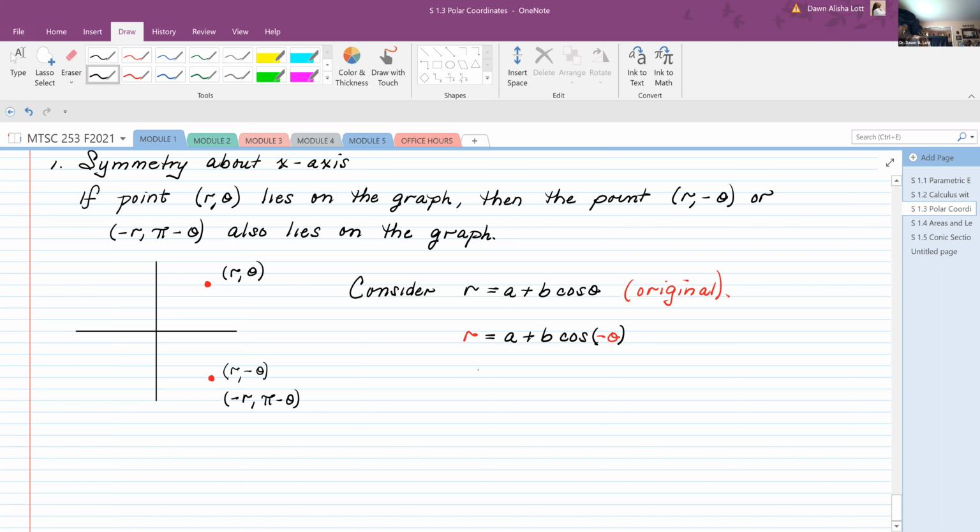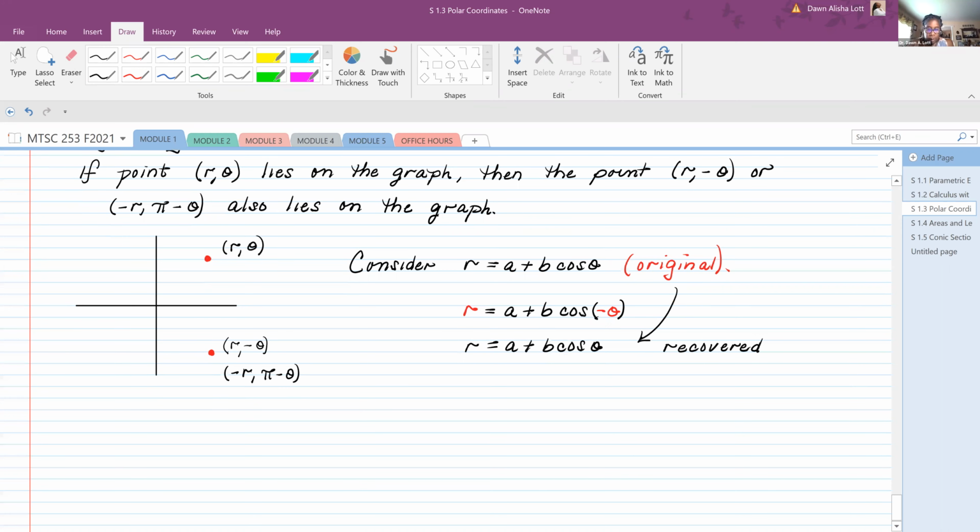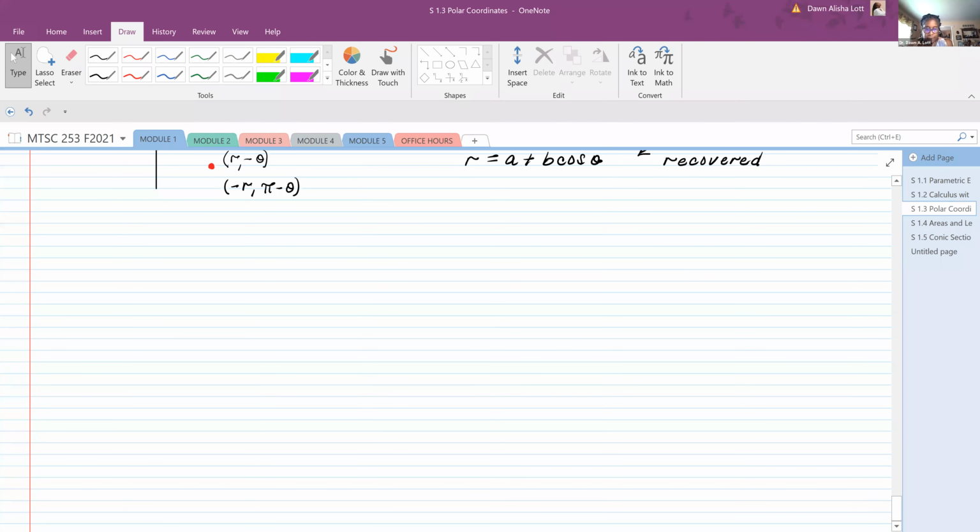So therefore I get R is equal to A plus B cosine theta. So I recovered it. So therefore they both are on, it's the same graph. Okay, let's try a second one.